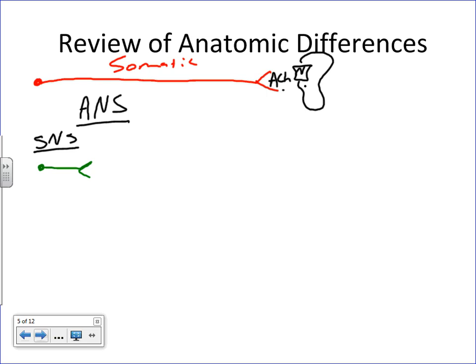So these short preganglionic neurons enter their way into those paravertebral ganglia, and then they synapse with a second neuron. And these second neurons, or postganglionic neurons, are much longer. So this would be preganglionic. This would be postganglionic.